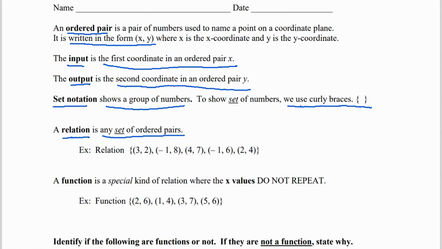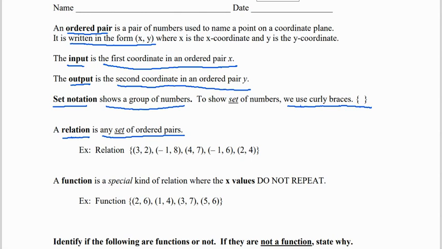So we just list a bunch of ordered pairs. It could be like the ones they gave here: (3, 2), (-1, 8), (4, 7), (-1, 6), (2, 4). There's five, or 5 ordered pairs here. Maybe I'm just listing 3 ordered pairs, maybe it's (0, 5), (7, 9), (-10, 12). It's just a bunch of ordered pairs is a relation.